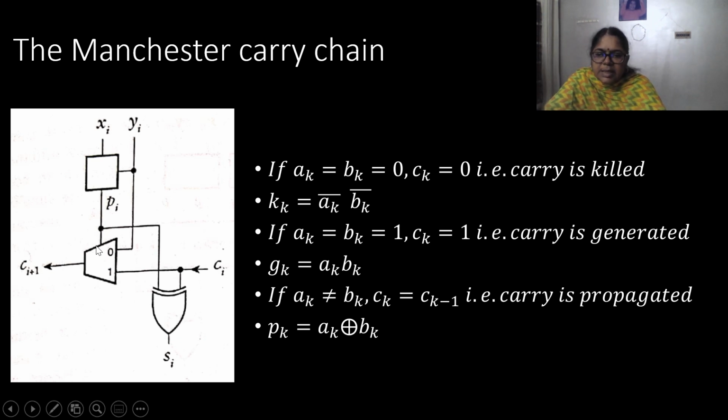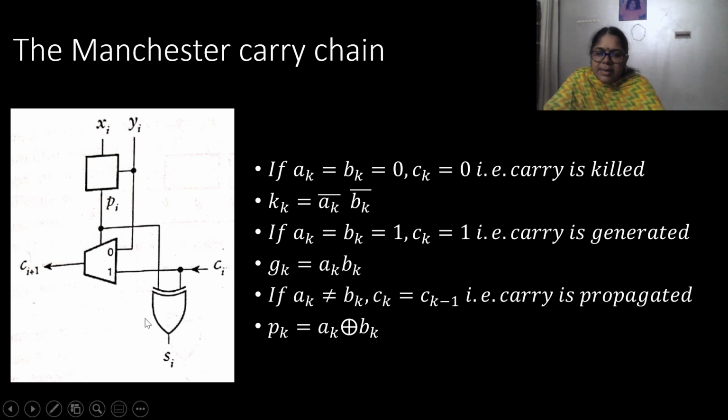If Pi = 0, that means A and B are equal. So, if A and B are equal, the value of Y is passed on to the new carry. But if Pi = 1, then Ci, that is the old carry, is going to be passed on to the new carry, that is Ci+1.